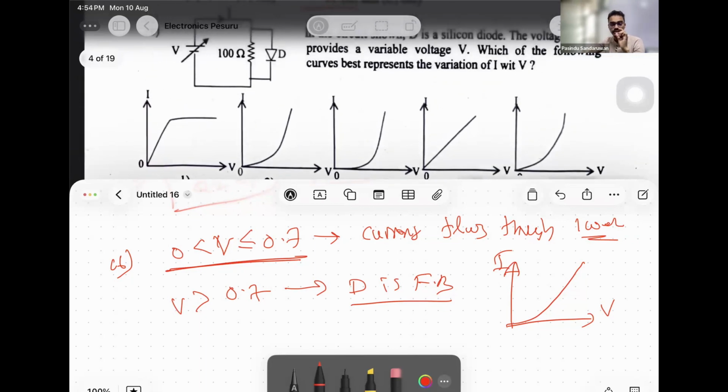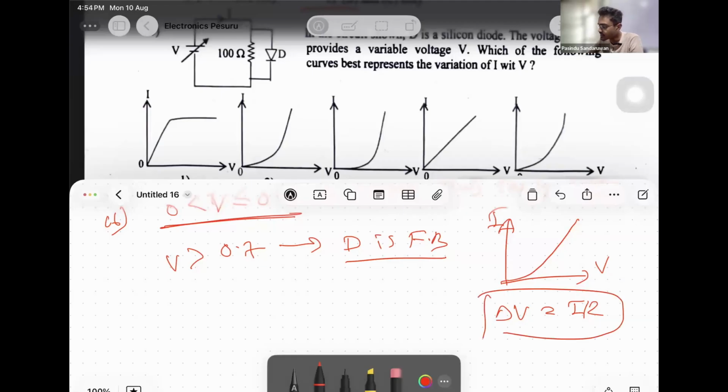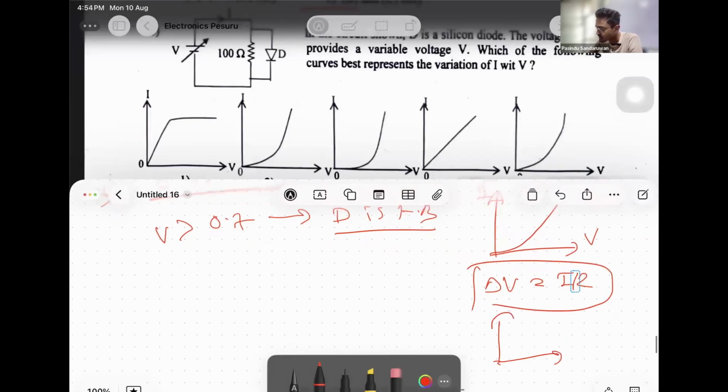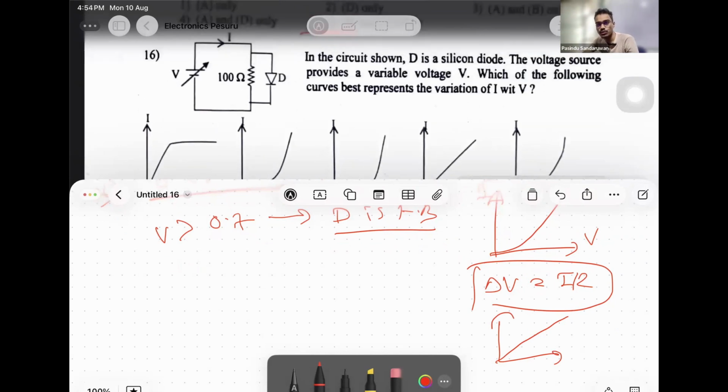Now, since the resistor is also working, there's one more thing to think. The resistor works from delta V equals IR. When the resistor works, this is a straight line that goes through the origin. So it should have a linear variation after that point, because the resistor is still working.